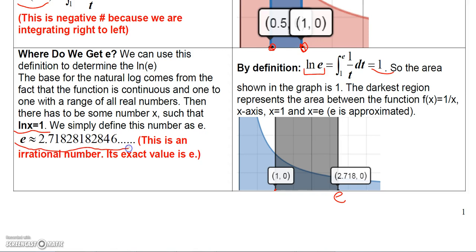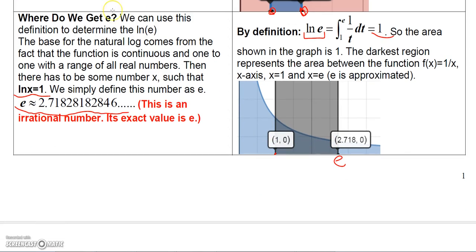Now I gave you e to a bunch of decimal places, but the exact value of e is simply e. And by definition, the natural log of e would be the integral from 1 to e of 1 over t dt, and that would equal 1. And so you could integrate from t equals 1 to t equals e, and then that area under the curve there would actually equal 1.